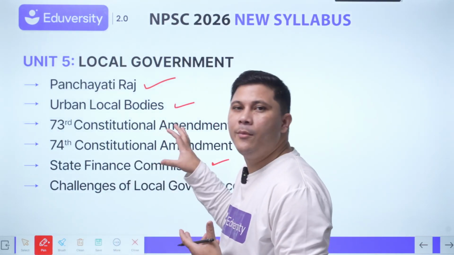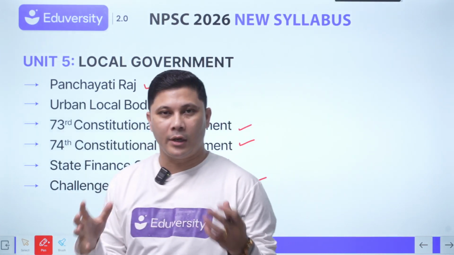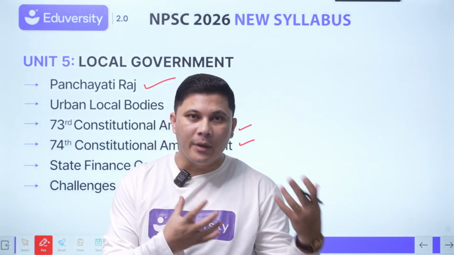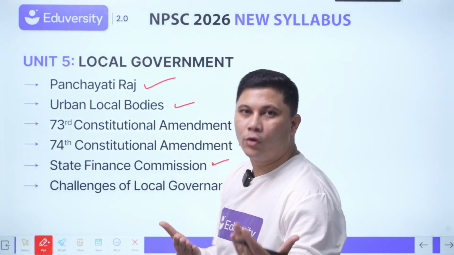These are very, very important things. Just learning about Panchayati Raj and urban local bodies is not enough. You also have to understand how much autonomy they get, the limitations of autonomy, the bureaucratic red tapism, and the limited autonomy which they get.